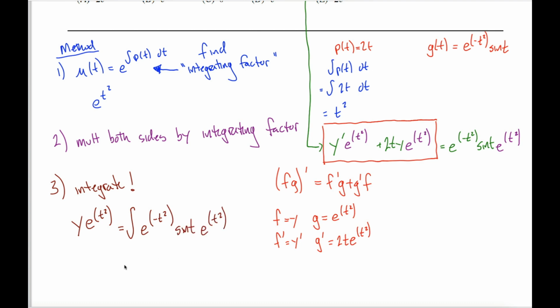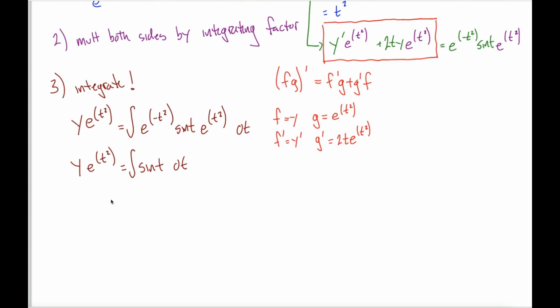This simplifies very nicely. E to the negative t squared times e to the positive t squared is just equal to 1, because when you multiply exponential expressions with the same base, you add their exponents, and negative t squared plus positive t squared is 0, and e to the 0 is 1. So on the right side, all I'm left with is sine of t dt.